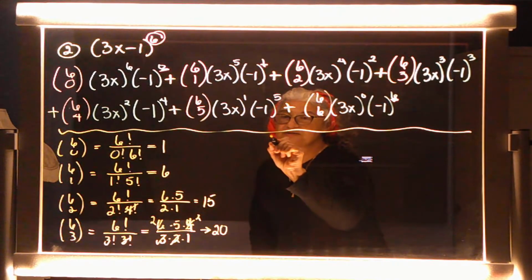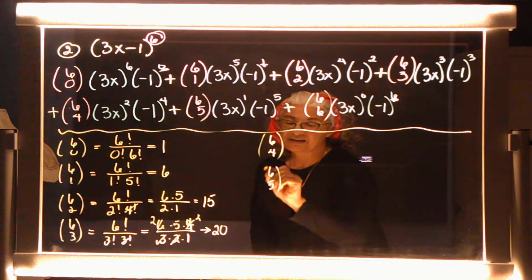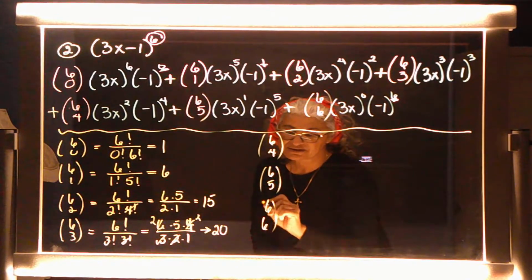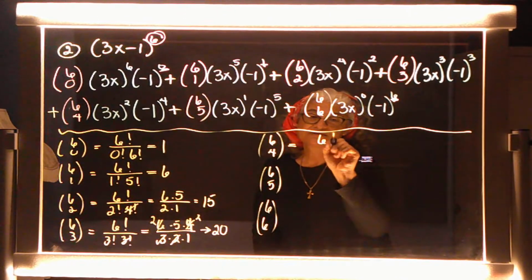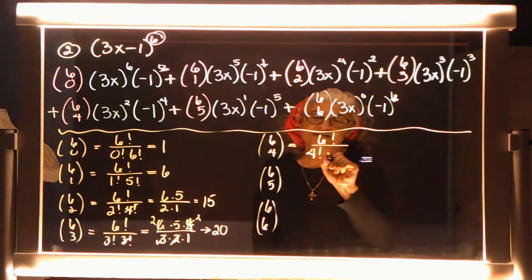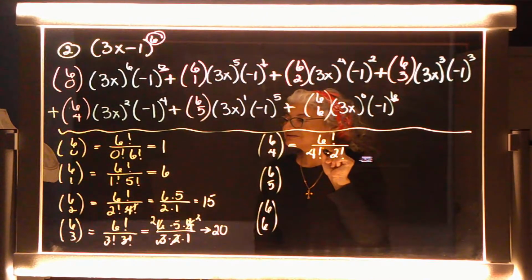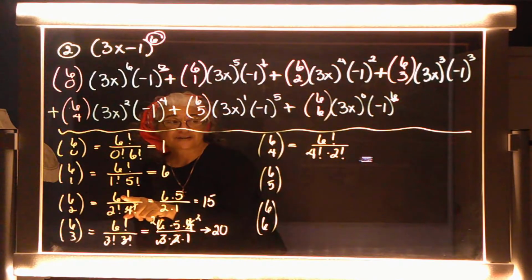Okay, so we have to do 6 choose 4 now, don't we? And 6 choose 5, and 6 choose 6. Okay, 6 choose 4. 6 factorial, that's right, over 4 factorial times 2 factorial. Oh look, it looks like this one, doesn't it? The 6 factorial on top and the 4 and 2 factorials just switched on the bottom, didn't they? But it's still multiplication, so it's good, right?